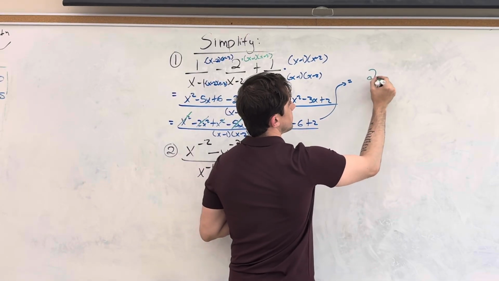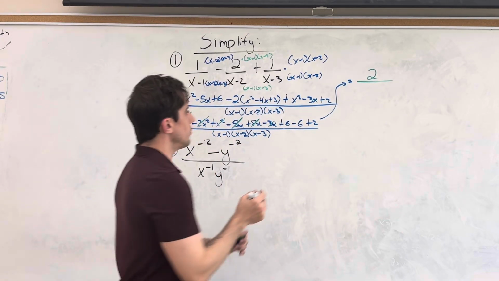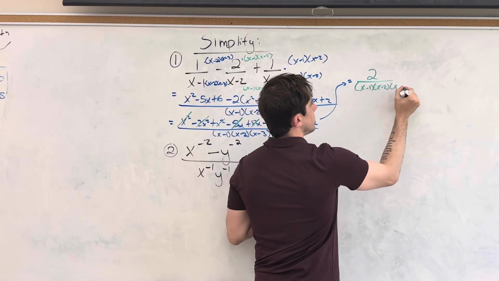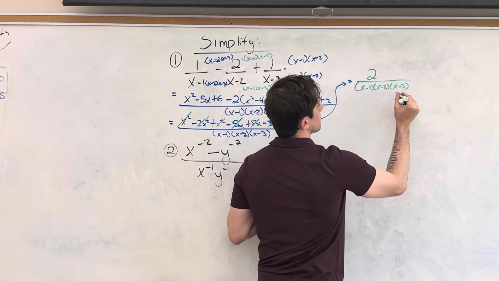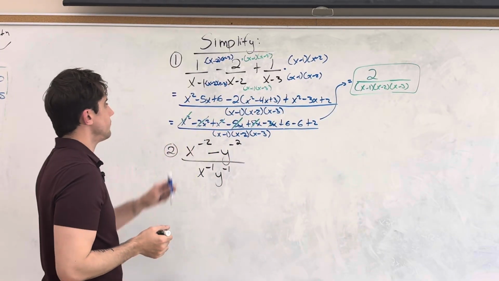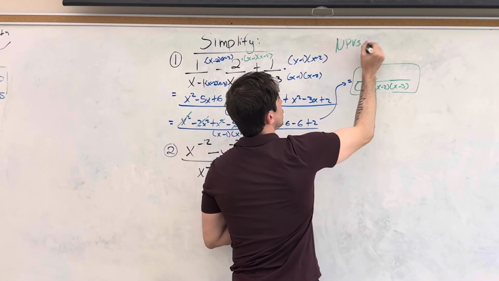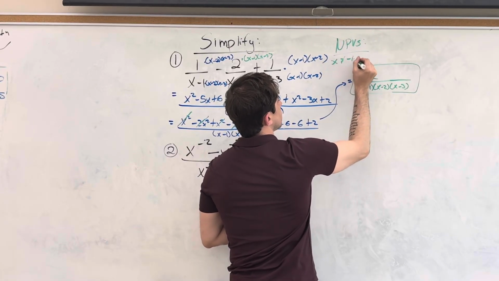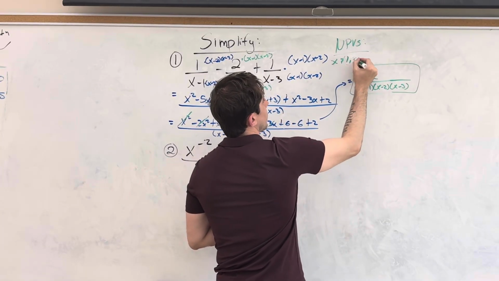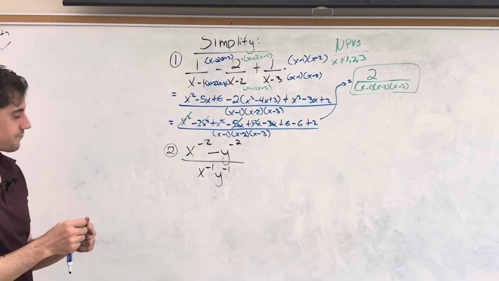So all we have left is 2. And that is going to be all over that denominator of x minus 1 times x minus 2 times x minus 3. And that is what we would end up with. We could write down our NPVs: our non-permissible values would be that x cannot be equal to positive 1, or positive 2, or positive 3. And there we go for the first one.